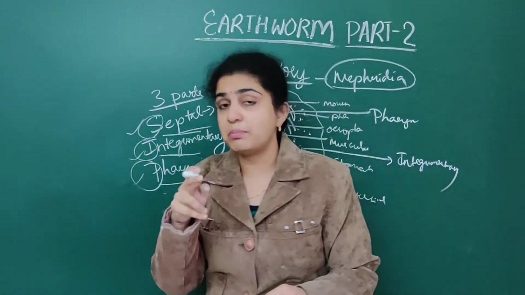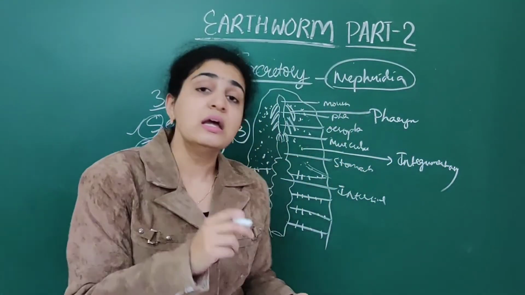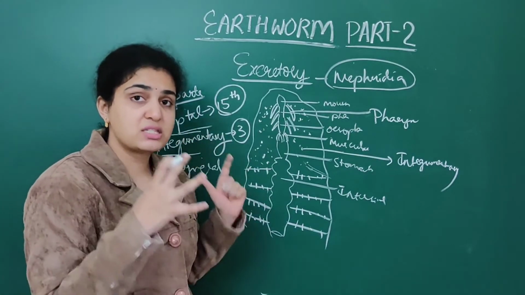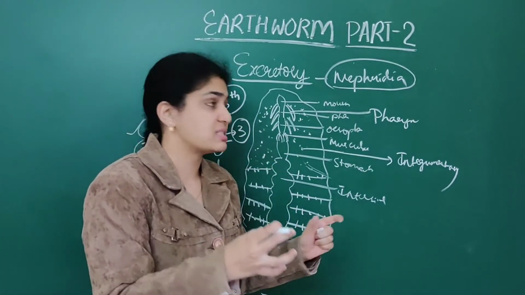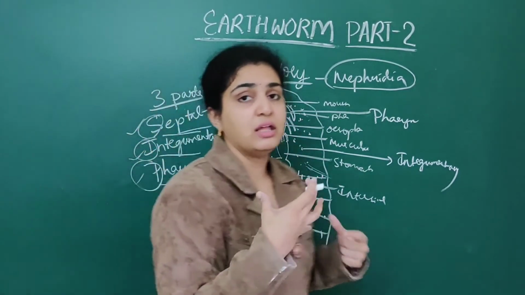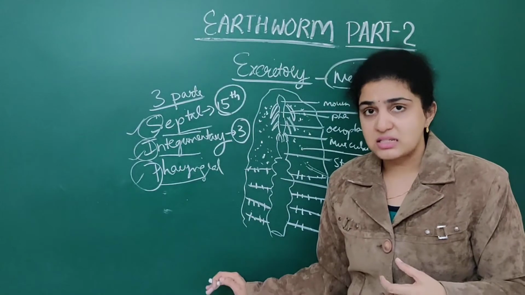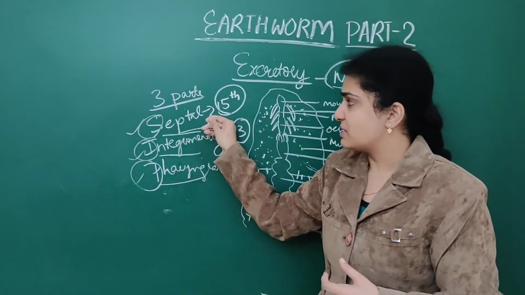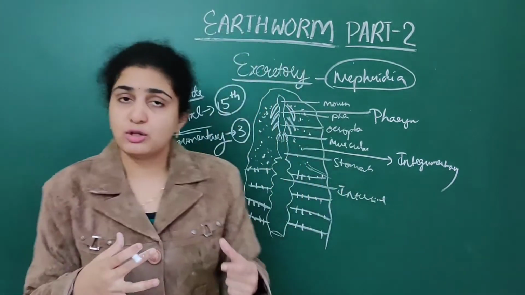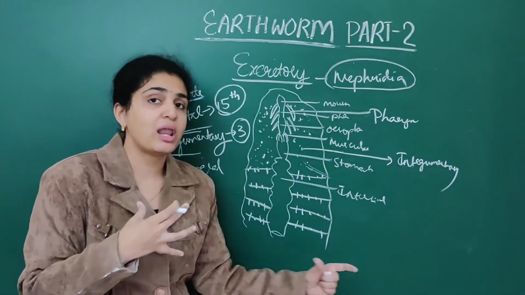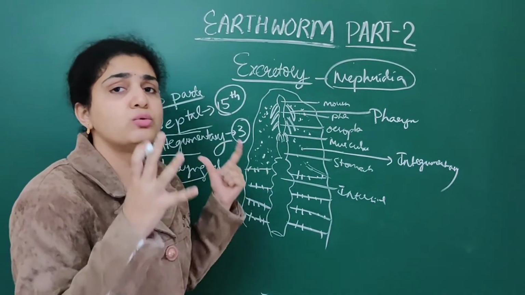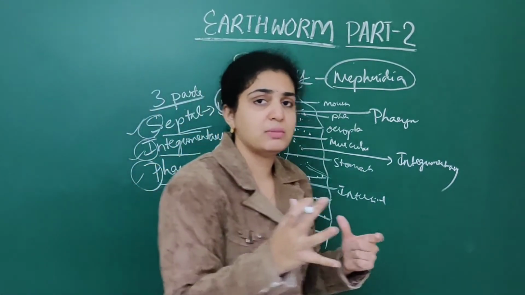Then you should choose septal as well as integumentary nephridia, that is both types of nephridia, because both types are present in the last segments. Septal nephridia extend from the 15th to the last segment of the body, integumentary extend from the 3rd to the last segment, whereas pharyngeal extend only in the 4th, 5th and 6th segments.